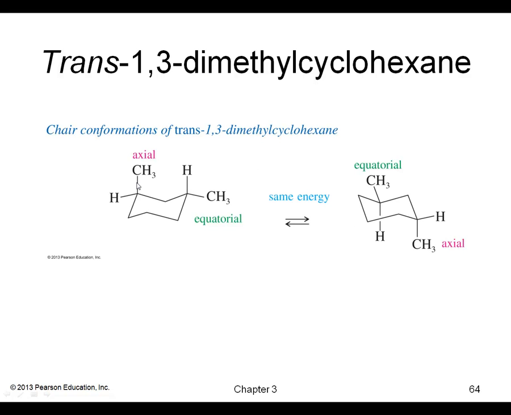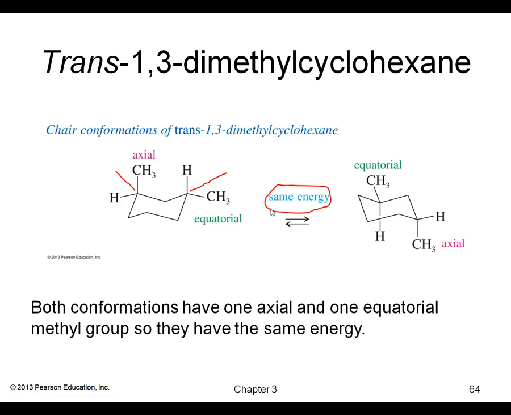When I look at the trans, here the trans, I have an axial methyl and an equatorial methyl. Okay, again, trans, there it's bottom, there it's top, so they're trans to each other. When I do the ring flip, they still stay equatorial and axial to each other. So both of these chairs turn out to be the same energy.